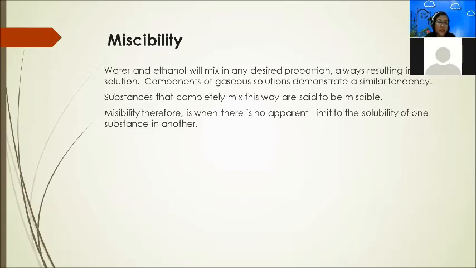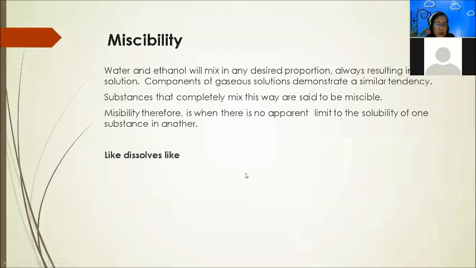So, substances that completely mix this way, tawag sa kanila ay miscible. Therefore, miscibility is when there is no apparent limit to the solubility of one substance in another. So, that's miscibility.